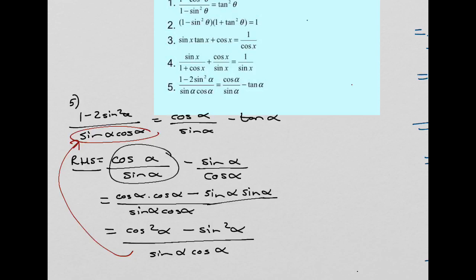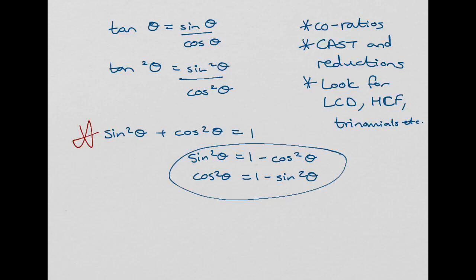But look what's at the top. It's got 1 minus 2 sine squared alpha. At the moment, we've got a cos squared alpha minus a sine squared. So there's no cos squared on the top left, and there's 2 lots of sine squared. So let's have a look at our identities here. If we can take the cos squared away, we're going to gain ourselves another sine squared, which will get us our 2.